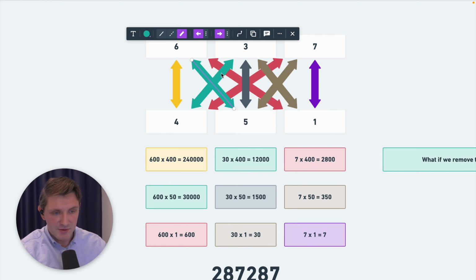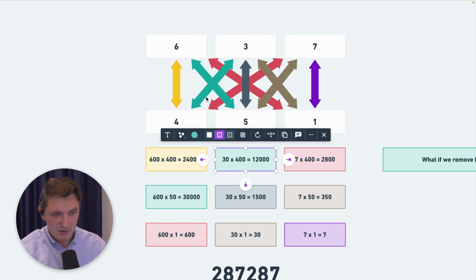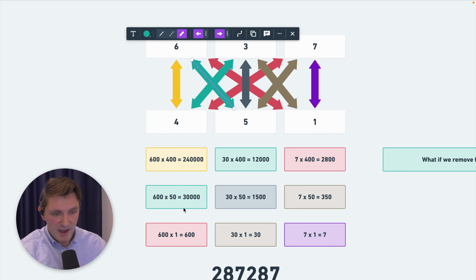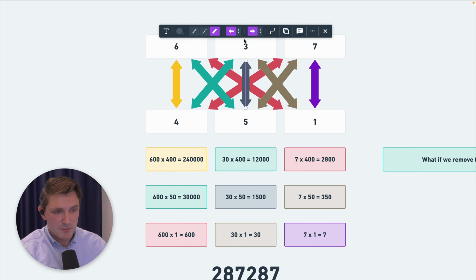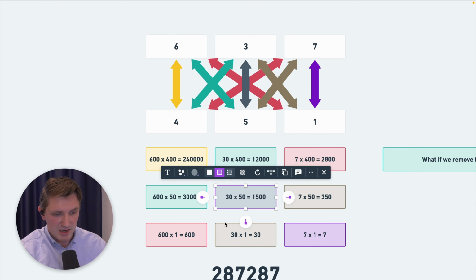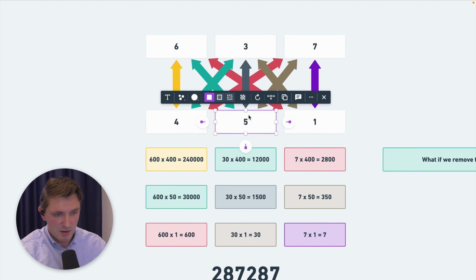Then we have the green one. So we have the green one here and green one here. And this is like the next biggest numbers, right? If you multiply 600 times 50 and 30 times 400. And then you have the middle one, which is like the middle numbers.